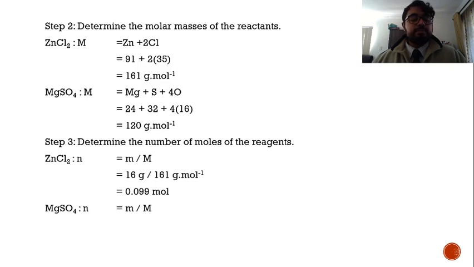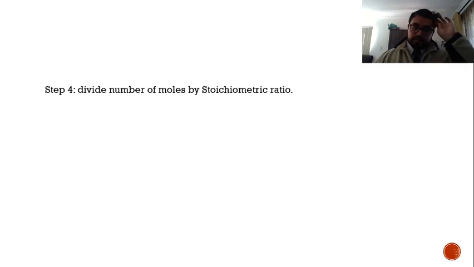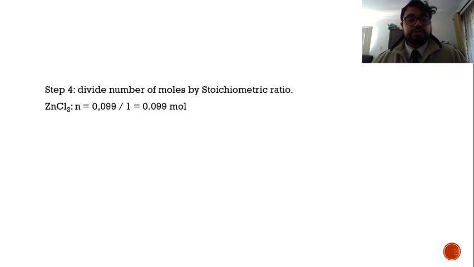Now let's look at magnesium sulfate. Number of moles equals mass over molar mass. We have 10 grams of magnesium sulfate and 120 grams per mole as our molar mass, and that gives us 0.083 moles.